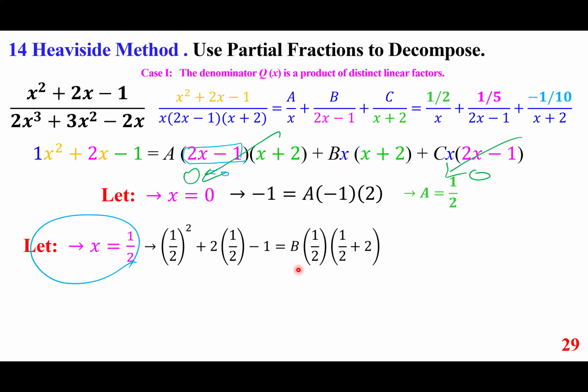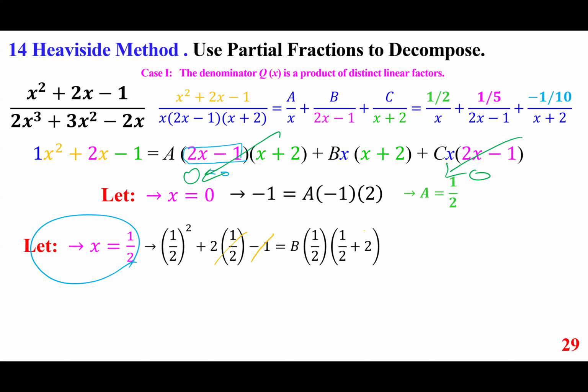B, which we are looking for, x is 1/2, and this is 1/2 plus 2, and this is 1/4. This is 1. Minus 1. These two cancel each other because they are 1 and -1.